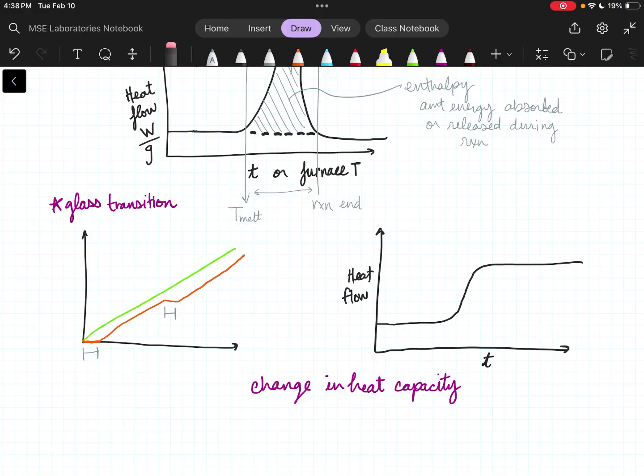Or you could say concave to convex. In this, I have the onset and the offset, right? Just like before, I have onset and offset. And the difference between those two lines is the change in heat capacity.